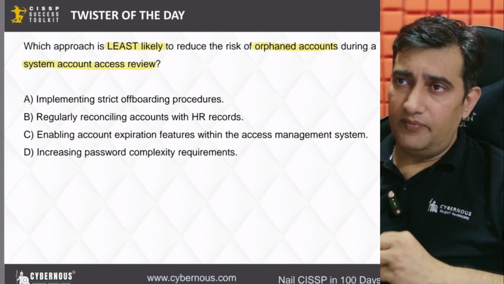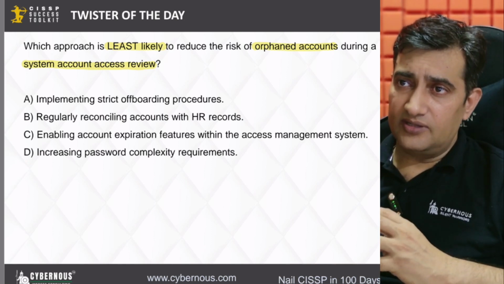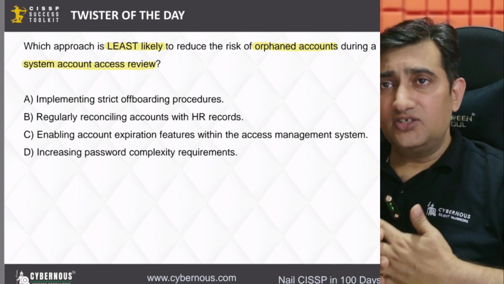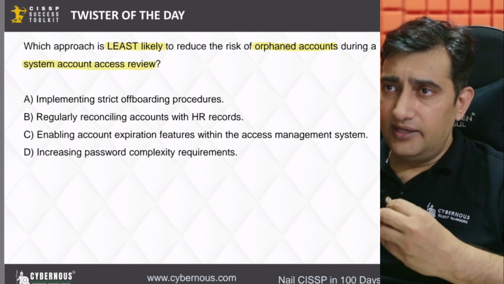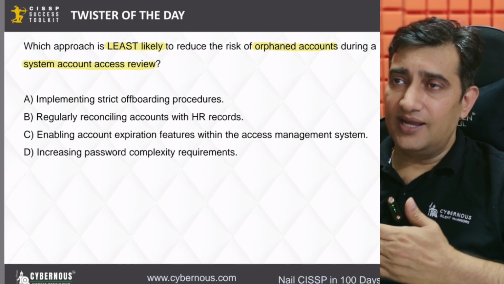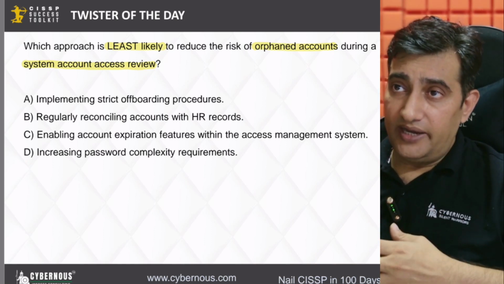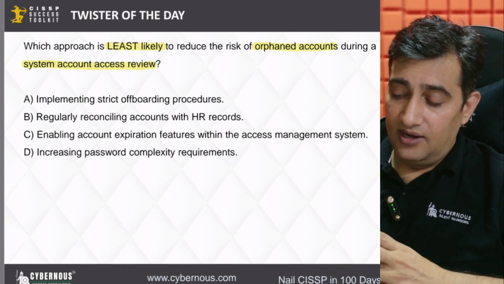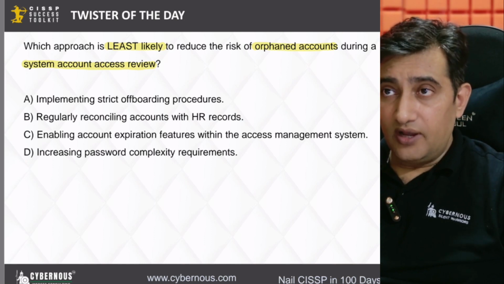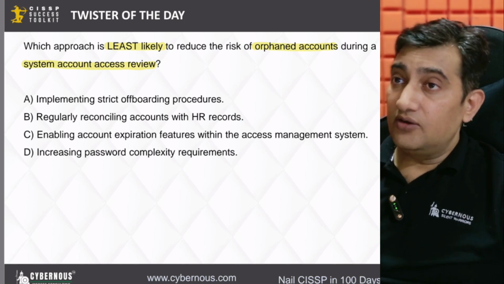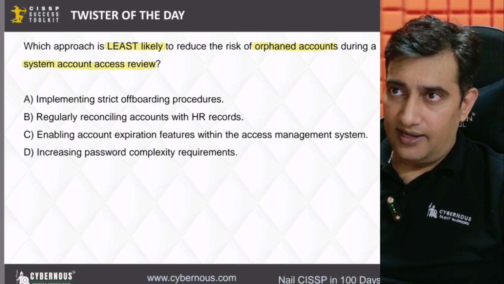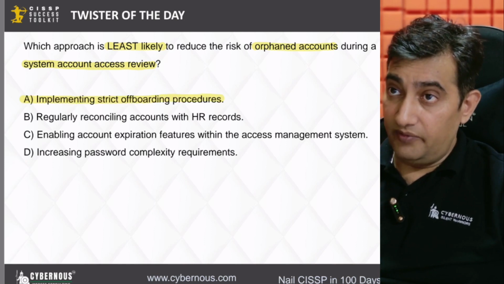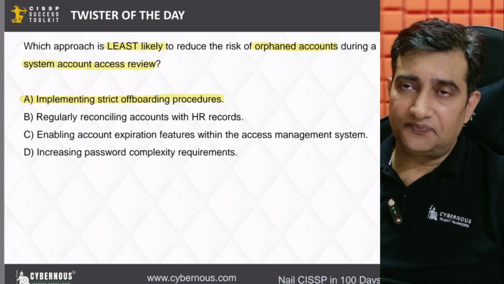As and when somebody is being terminated or leaving the company, the HR process should be such that there is a very strict offboarding process, and account disabling should definitely be part of the offboarding process. So definitely it is very much relevant. But in the question we are looking for least likely, right? This is one of the most likely options, so we are going to eliminate this.